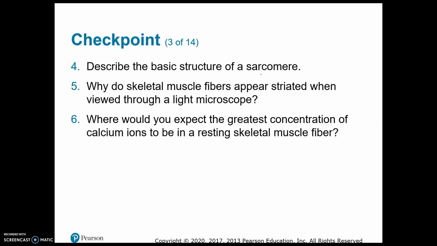The length of the A band is the length of the myosin filaments. And then the H band is the area of the A band that is composed of only myosin. The H band actually shortens when the sarcomere contracts. Why do skeletal muscle fibers appear striated?